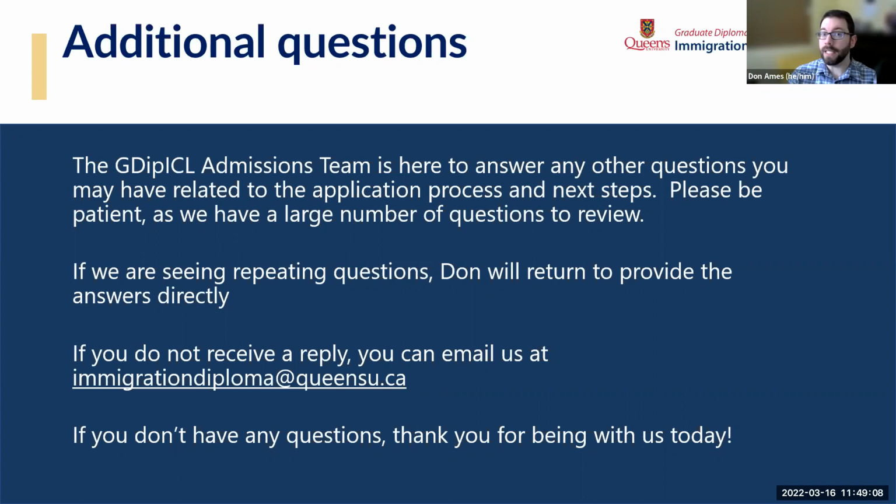If everything is complete, you should be pretty much done at this point, and you're just waiting for word on the status of your application, whether you were accepted or not, in late June, early July. If you have everything submitted, it is going to take some time for us to get back to you. Again, please be patient, and we'll make sure that we get to you as quickly as we can.